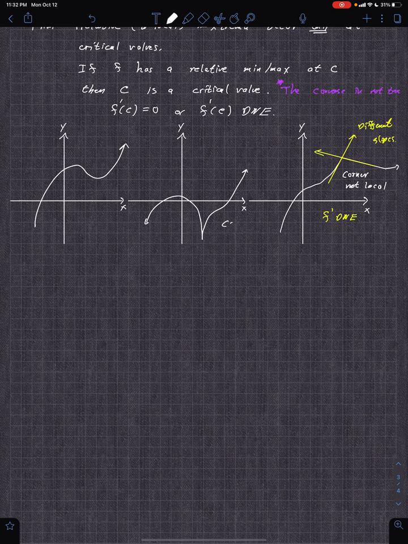This is a cusp. We'll talk more about it as we do them. And this is a DNE. This is a local min in this case. And this one has two local extrema. This would be a local max, of course, and this would be a local min.